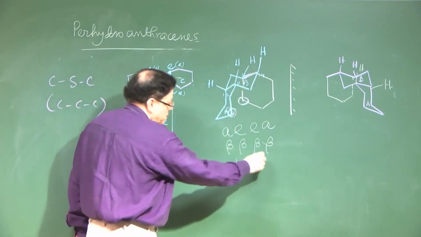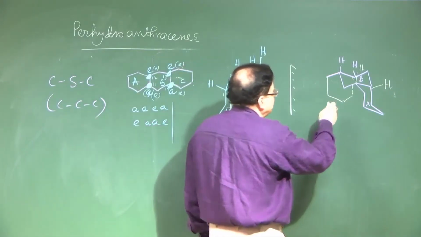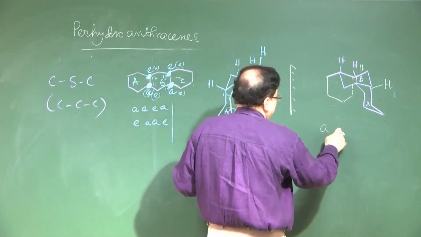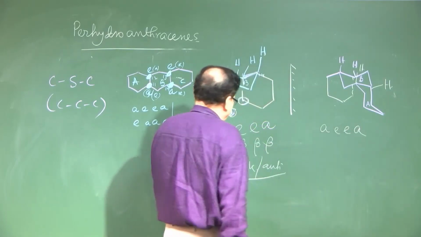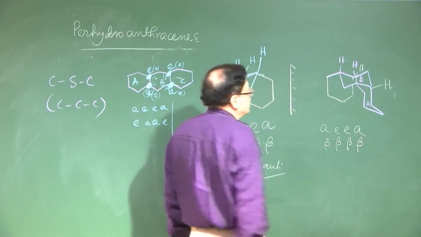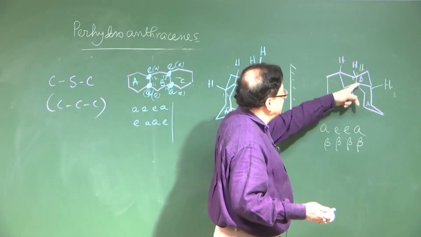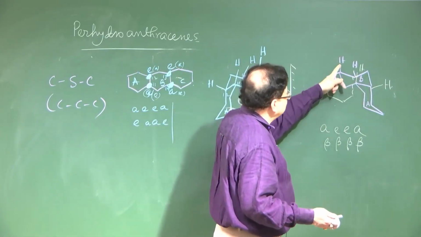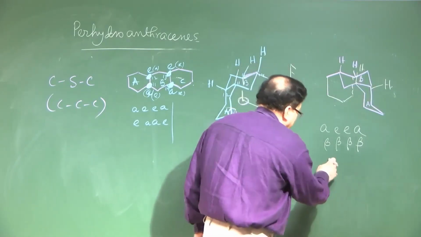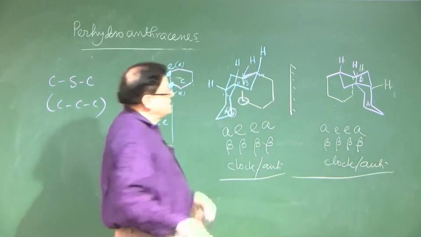So, both directions are possible. Okay. And here if you do the same thing, fix this, you should not change this. So, that is axial, equatorial, axial, and then all are beta, and if you go through the direction, again both are possible, either you go from this axial and take this route, or this axial and then take the route in the clockwise direction. So, both are possible, clockwise, anti-clockwise. Okay. So, that means both are the same.